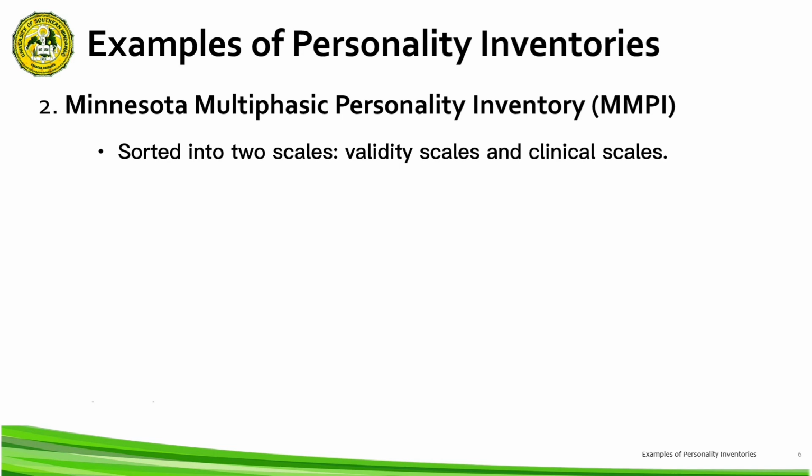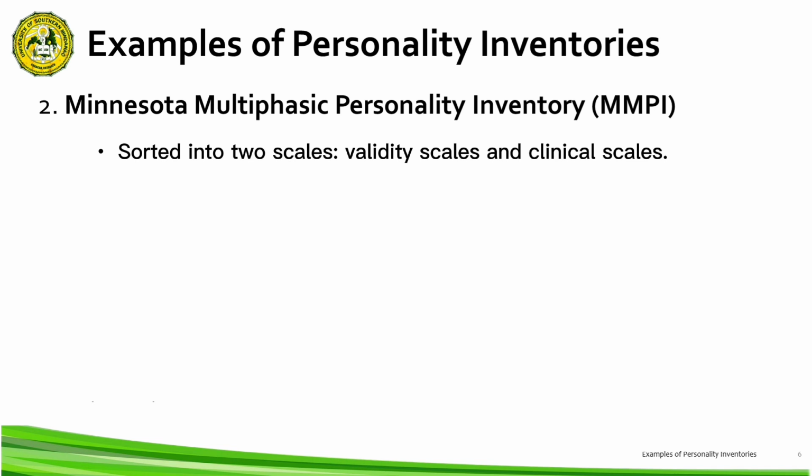Responses on the MMPI-2 are sorted into two scales. The first one is the validity scales, which assess the validity of individuals' responses, whether they represent an accurate self-report or the responses were deliberately faked. This is to ensure that the responses of the clients are not exaggerated or do not make them appear more healthy or otherwise. The second one is the clinical scales, which assess symptoms of various disorders and problems.